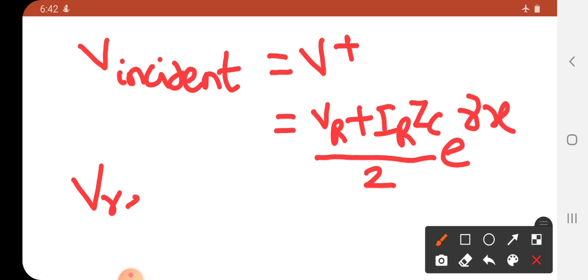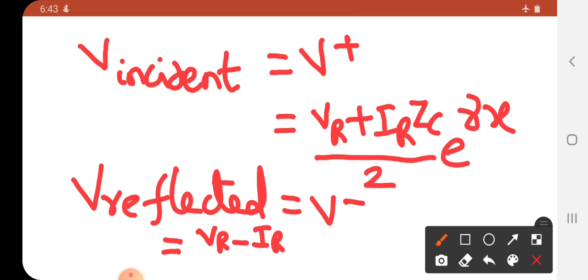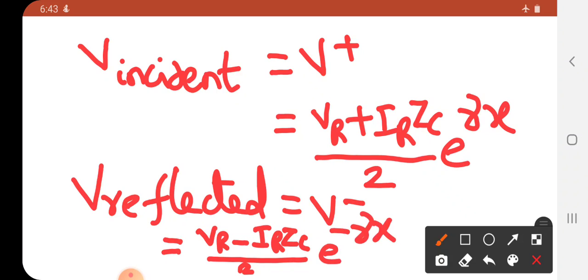Similarly, we can represent the reflected voltage, V reflected, which is V minus. The equation for V minus is equal to (VR minus IR into ZC) by 2 into e power minus gamma x.